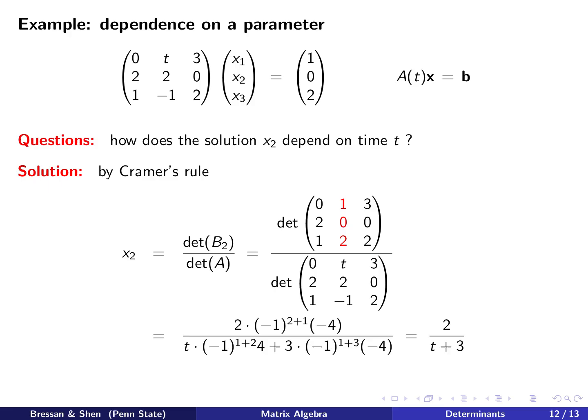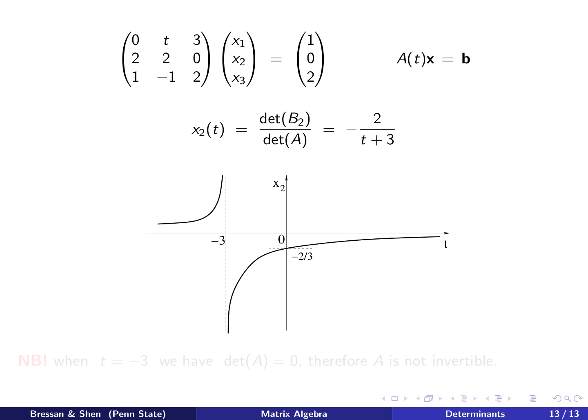And then we simplify all these expressions, and we get x2 equals 2 over t plus 3. So we clearly see how x2 depends on t. Okay, so let's summarize. That's the system we're solving, and we found the expression for x2. And how does it depend on t? Well, we can try to plot this function, and then we see that it has a singular point. When t equals -3, you are dividing by 0.